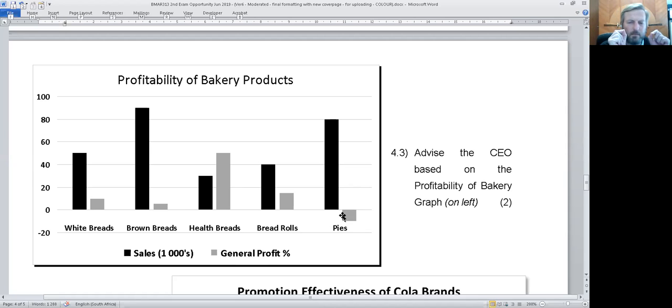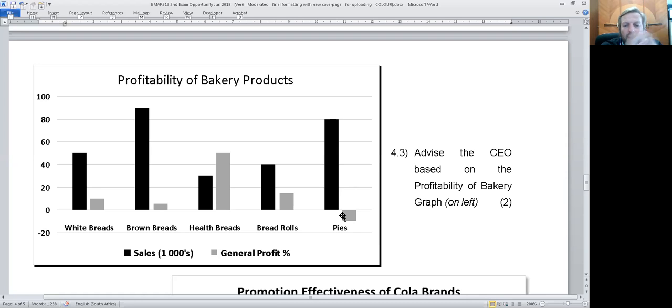Now, in retail, you might want to make a loss on a certain item to ensure that people come into your store. So if the strategy was, listen, people don't come into a store and just buy pies. They buy a cool drink and a packet of chips or whatever in addition to that. But on our cool drink and our packet of chips, the profit is very high.